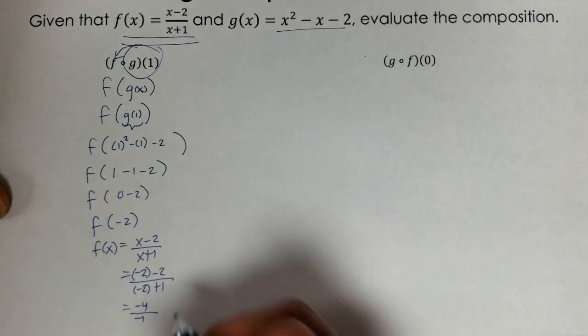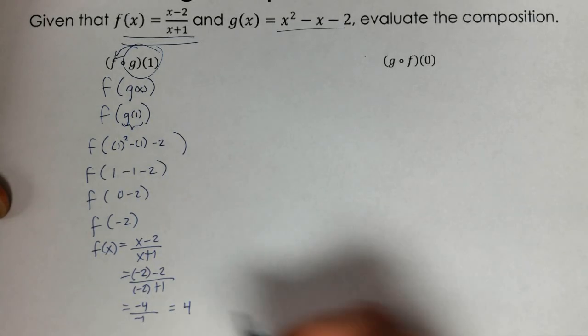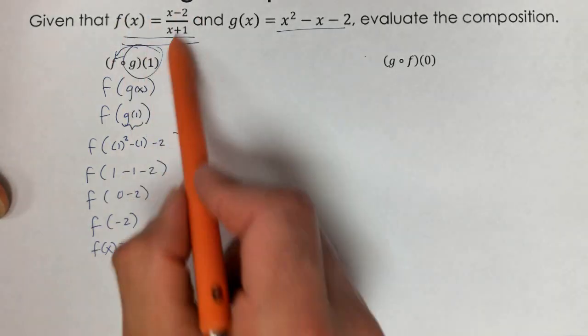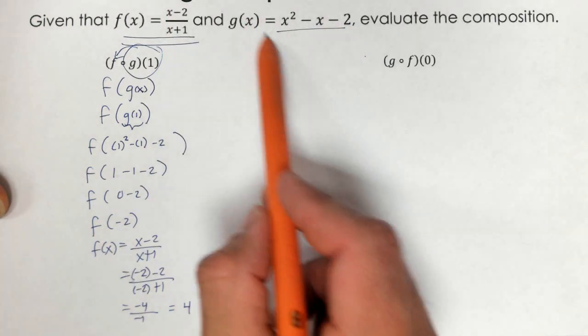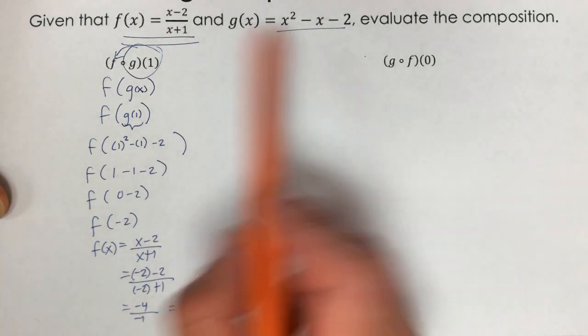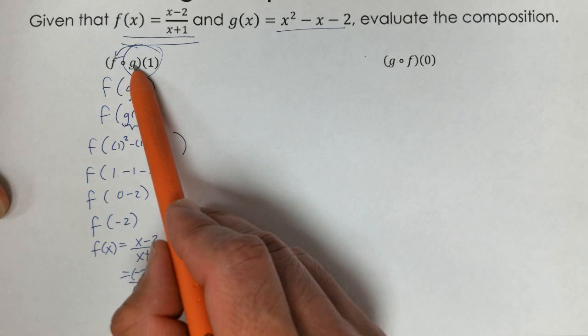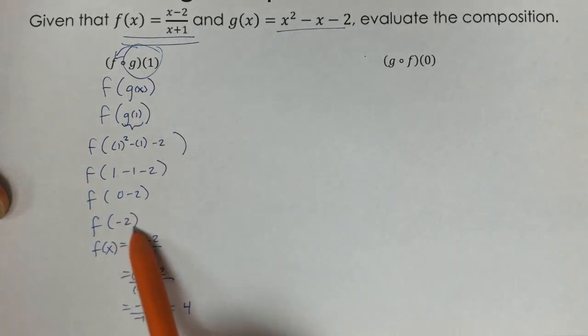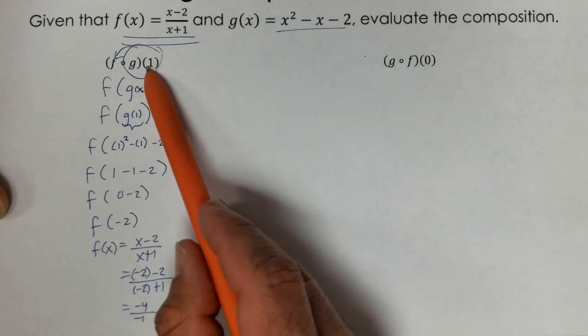Negative divided by a negative is going to give me a positive. So what's different here? When we're evaluating a composition of functions, we want to know what is the value of this function when the input is 1. We'll plug in 1 into g, we get an answer, which was here, and then we plug the answer of g into f.